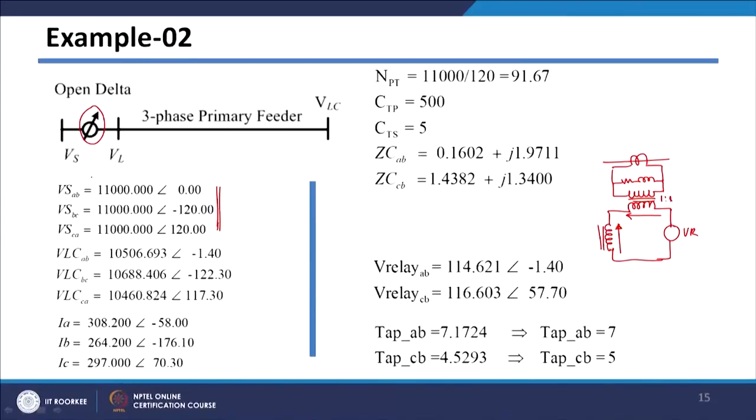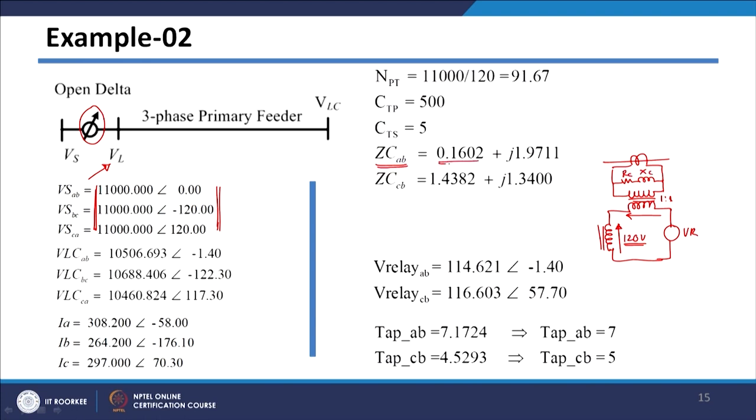So VL will also be equal to these voltages, and the voltage here will be 120 volts. Then, based on the settings of the two regulators we already calculated, this gives me RC and XC.